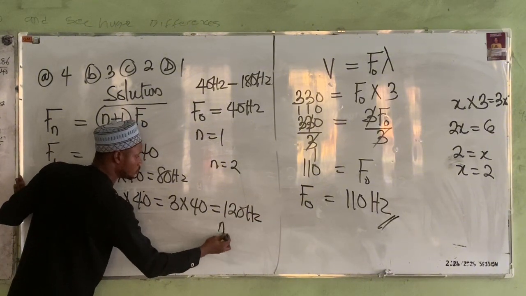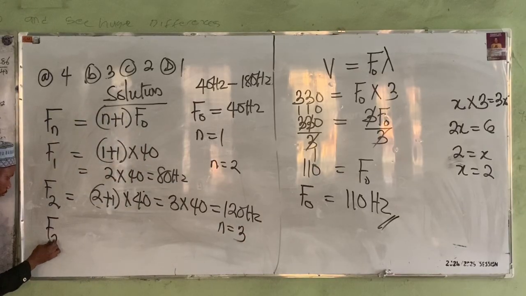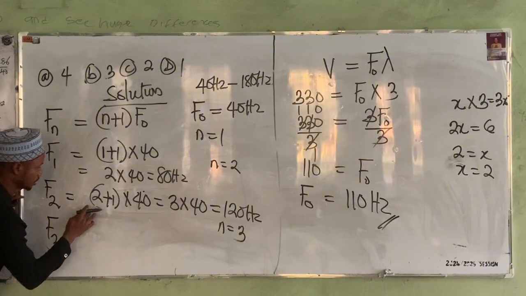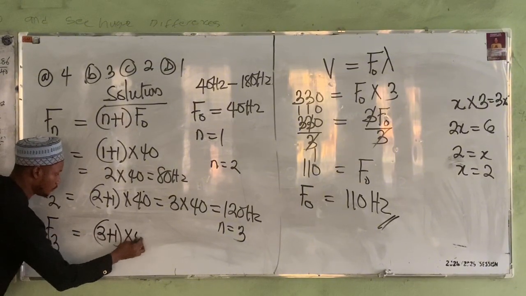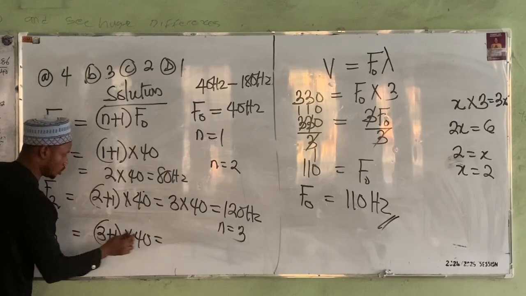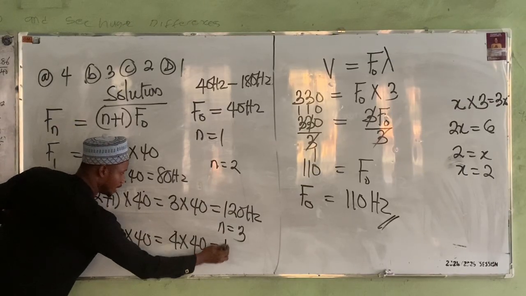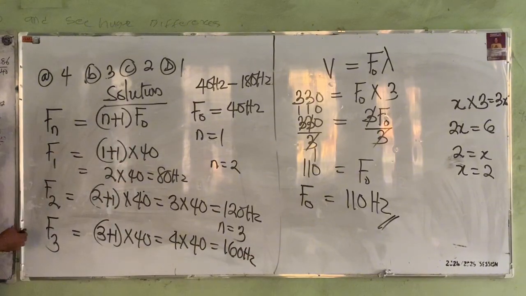Now we choose n to be equal to 3. So F3 is equal to 3 plus 1 times 40, which gives us 4 times 40. Class, what is the answer here? 160 Hz.